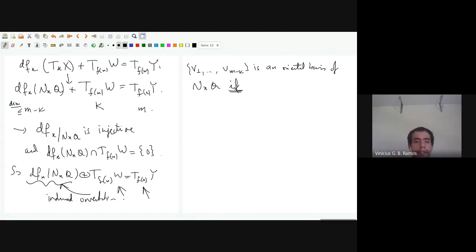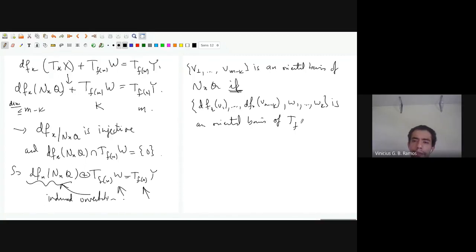If when you apply df_x, df_x of v1 through df_x of v_{m-k}, and then w1 through wk, this is an oriented basis of the tangent space to Y, for every, which is the same as saying for some oriented basis w1 through wk of the tangent space to W.